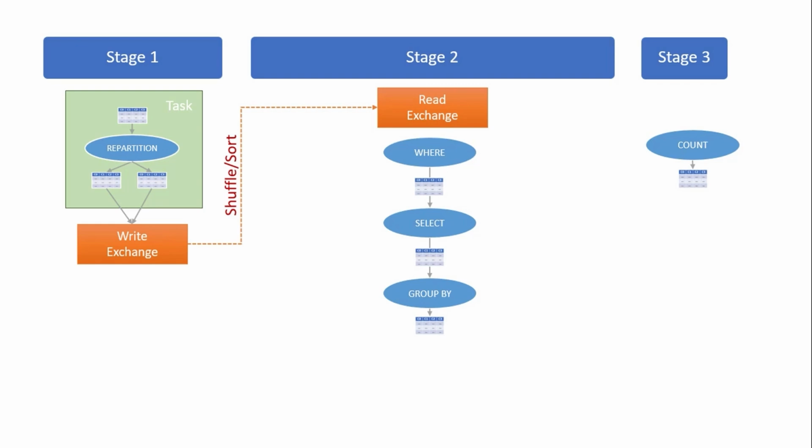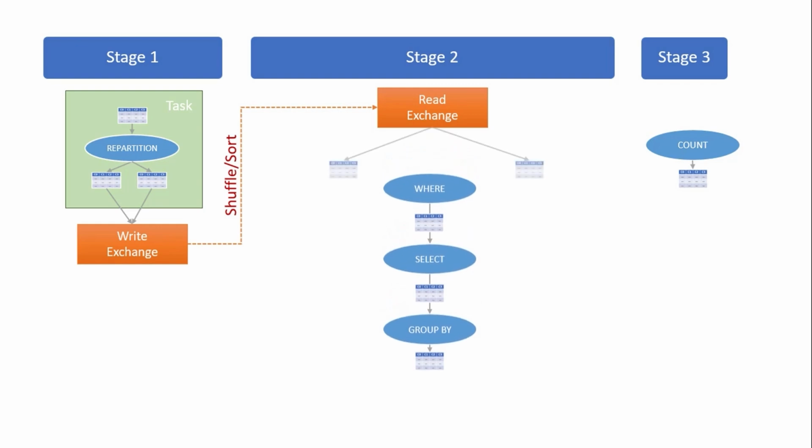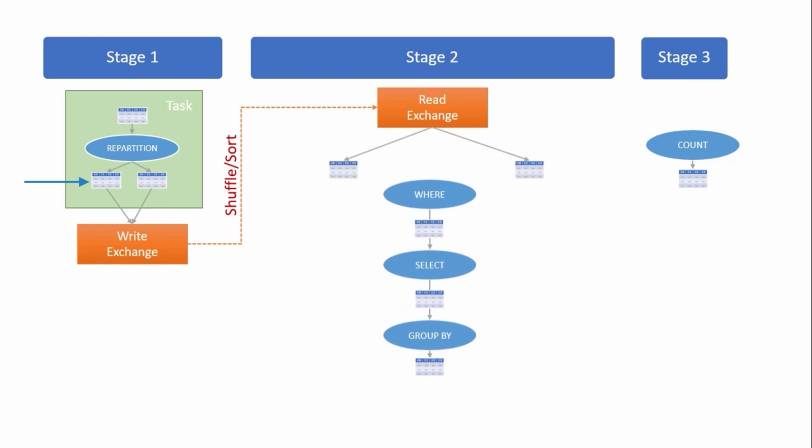Make sense? Great. Now let's come to the second stage. The read exchange has got 2 partitions. Why? Because I created 2 partitions in the write exchange of stage 1, right? And I also configured Spark shuffle partitions to ensure I preserve those 2 partitions in the read exchange. So I'll have 2 input partitions here.